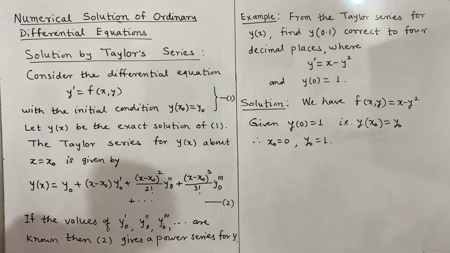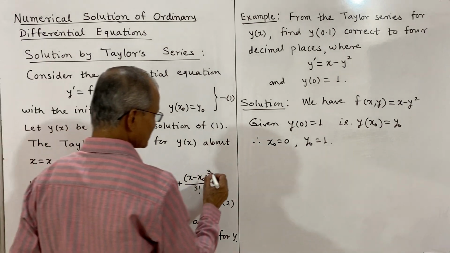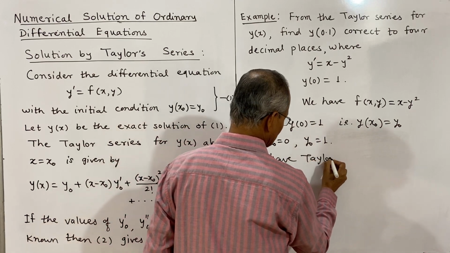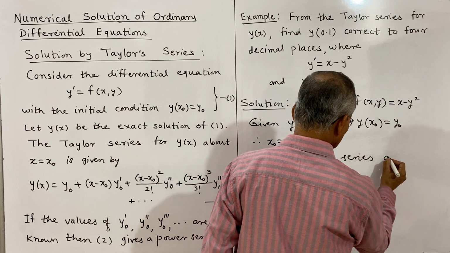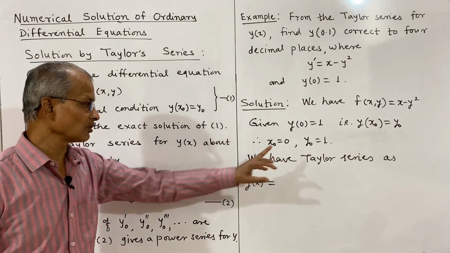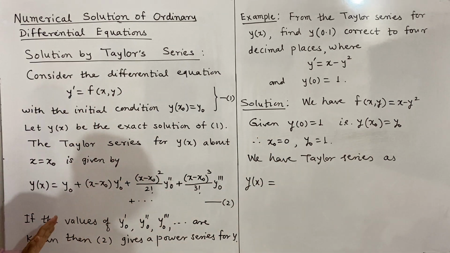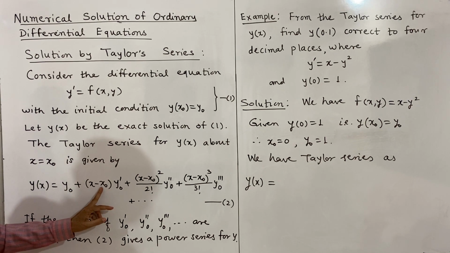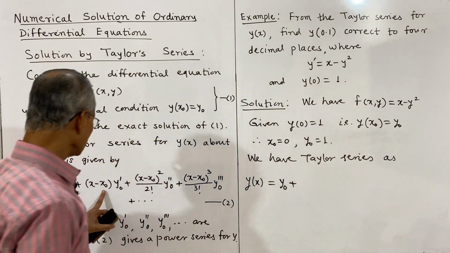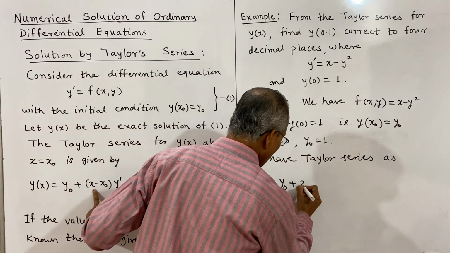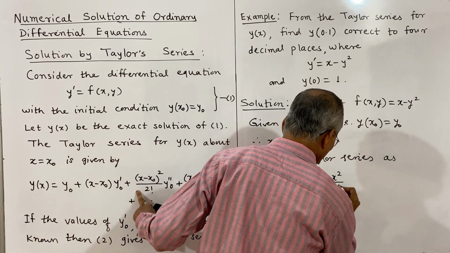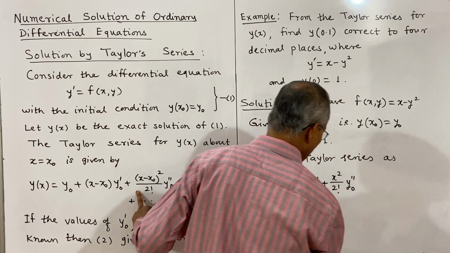Now the Taylor series we shall write here from 2. We have the Taylor series as y of x is equal to, now we note the value of x naught is 0, so we can directly write the series on the right side by putting x naught equal to 0, and this gives the form y naught plus, x naught being 0, it is only x y naught dash plus x square by 2 factorial, second derivative of y at x is equal to x naught.